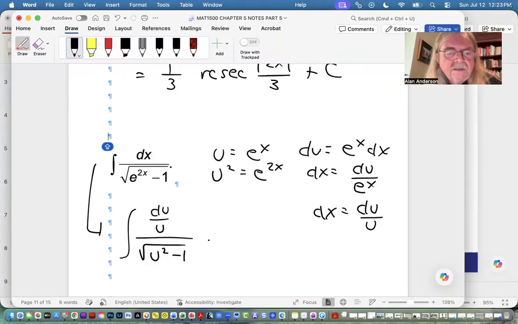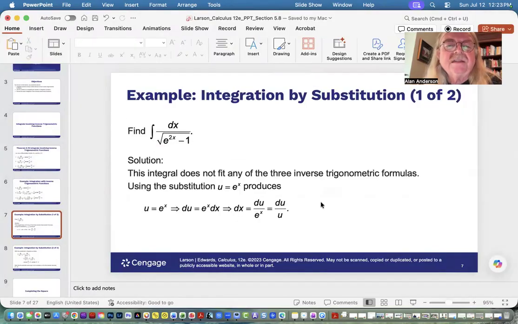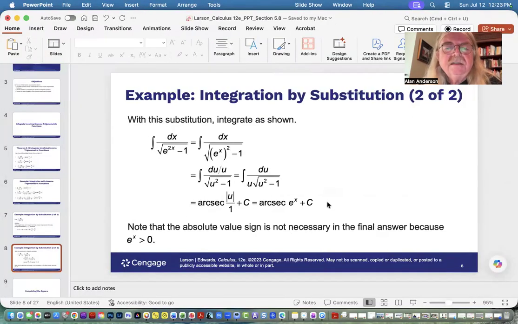And it just so happens that's the arcsecant formula.